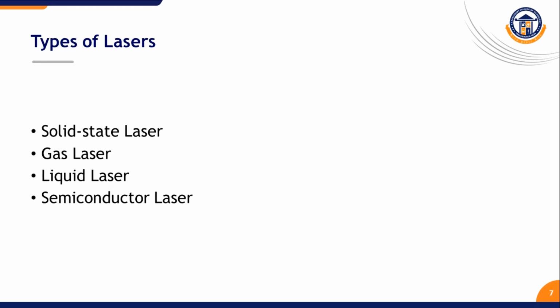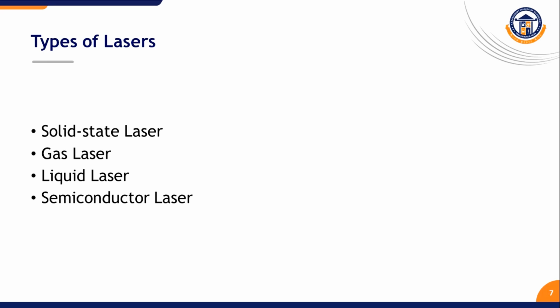Now let us see the types of laser. Lasers are classified based on the material used as the active medium. First one is the solid state laser. The best examples of solid state laser are the ruby laser and the Nd:YAG laser. We can also call it the neodymium yttrium aluminum garnet laser. And next one is the gas laser. The carbon dioxide laser and helium laser are the best examples of gas lasers. And liquid lasers: any liquid organic dye we can consider as a liquid laser.